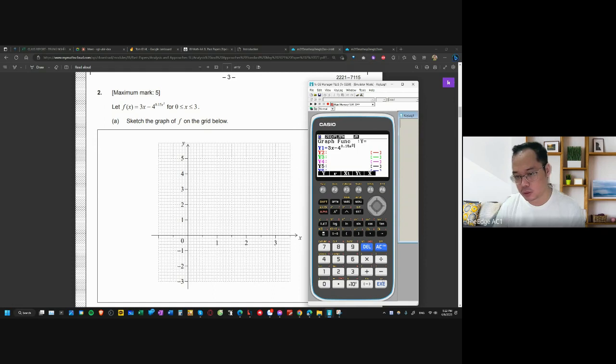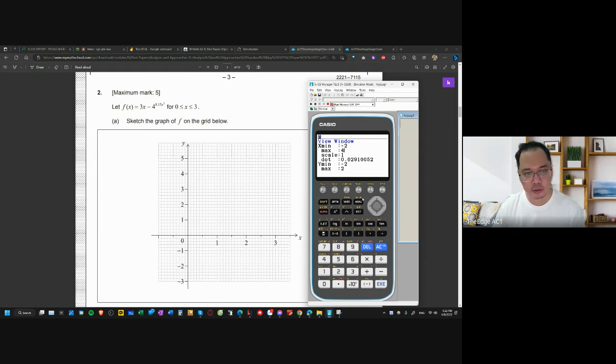Now we need to choose a window, shift window. According to this given graph, x is from like -1 to 3, or I can make it -2 to 4, but up to 3 only, because the given graph goes up to 3.